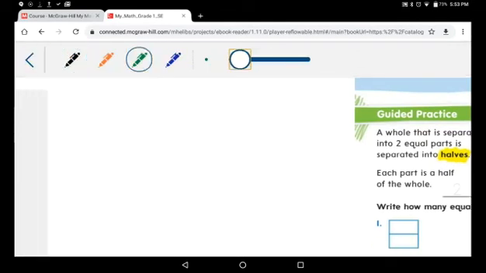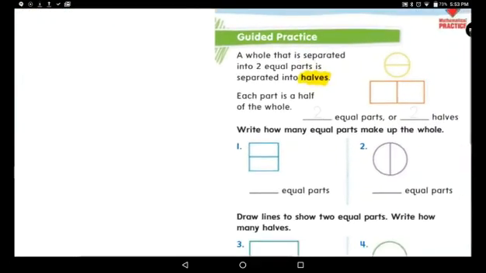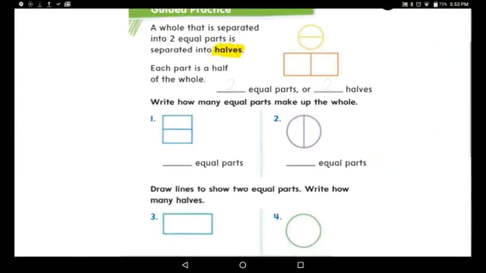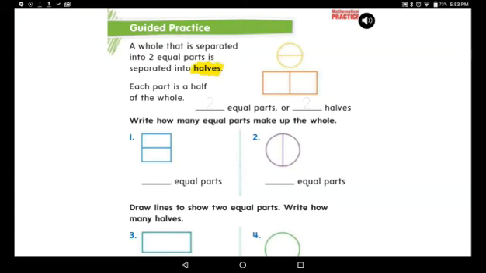Now hold your pencil and let us solve this page together. A whole. This is a whole. When I have a whole sandwich, a whole eraser, a whole chocolate bar, a whole pizza, it is a whole. Okay? I have all of it.